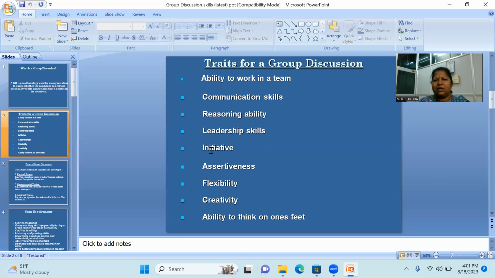These qualities are desirable for them apart from their technical skills and also their primary qualification like BTech or MTech or MCA or MBA, etc. So apart from having that subject knowledge, they want to look for these personality traits.